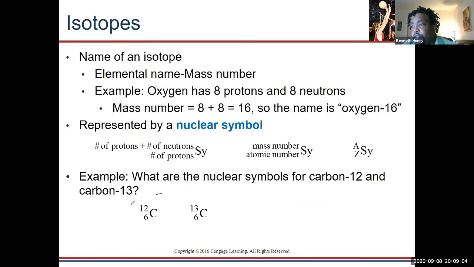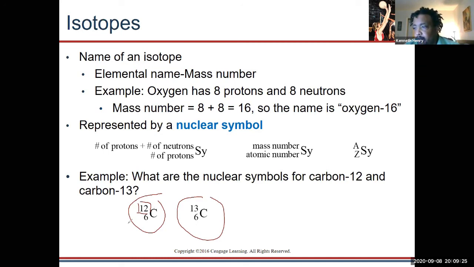Here's an example of two isotopes. We have carbon-12 and carbon-14. This number 12 up here represents the mass number, which will also be roughly equal to the atomic mass.